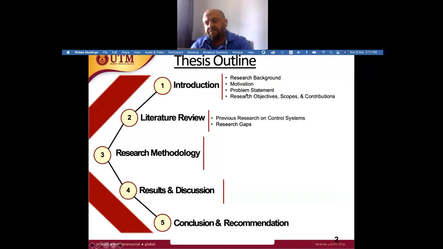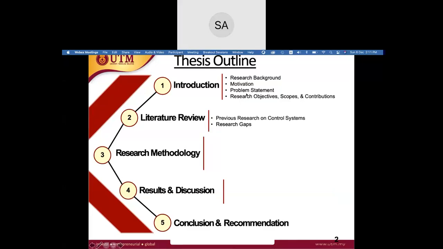So, research background. I believe that you're clear with the research background. Before you register as a PhD student or master by research student, you already have the area, the field of interest of the study that you want to pursue.